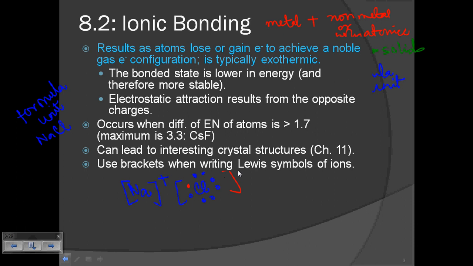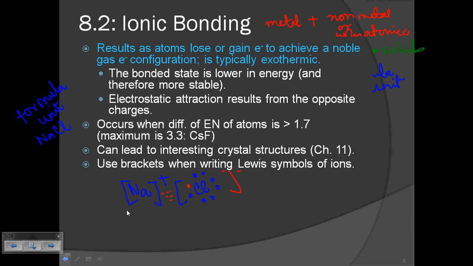And this leads to a -1 charge for chloride, and now there's electrostatic attraction between them. You obviously don't see these lines, I'm just drawing them to emphasize that there's electrostatic attraction, and that attraction is called ionic bonding. So to write the Lewis structure of an ionic compound, you use brackets.